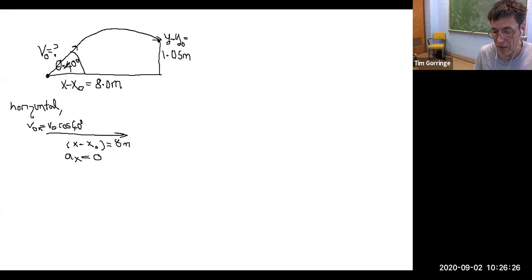So cosine of 40 degrees times the velocity here, or the speed here, will give us the horizontal component. So we don't know that. We do know, of course, that the final velocity, I'll call it Vx, is the same as the initial velocity because there was no acceleration. And so that's a picture of the horizontal motion.